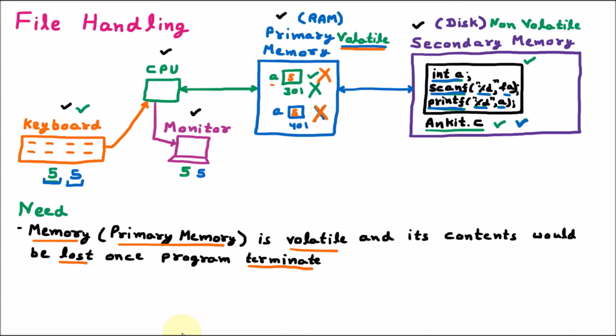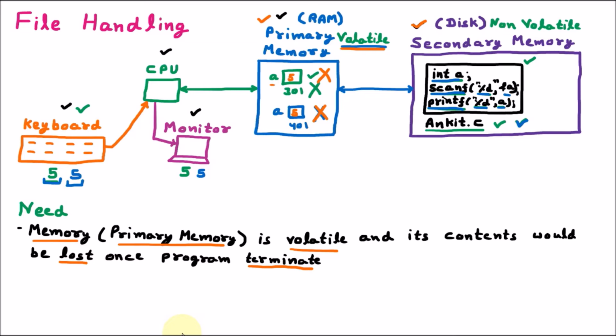There is one more reason why we need file handling. The memory has a smaller size, and here we can store only limited data. Inside the primary memory we have limited size as compared to the secondary memory. We know that secondary memory is the hard disk, which is 1 TB, terabyte, or maybe 512 GB, gigabyte.